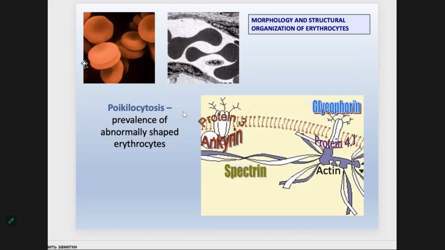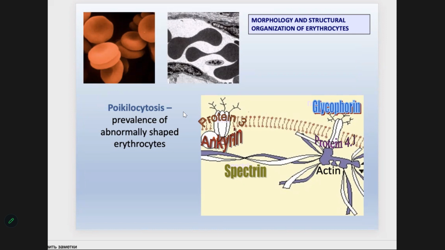These erythrocytes are named echinocytes, but mostly erythrocytes are disc-shaped. The next moment, poikilocytosis, not a normal condition, is a prevalence of abnormally shaped erythrocytes.